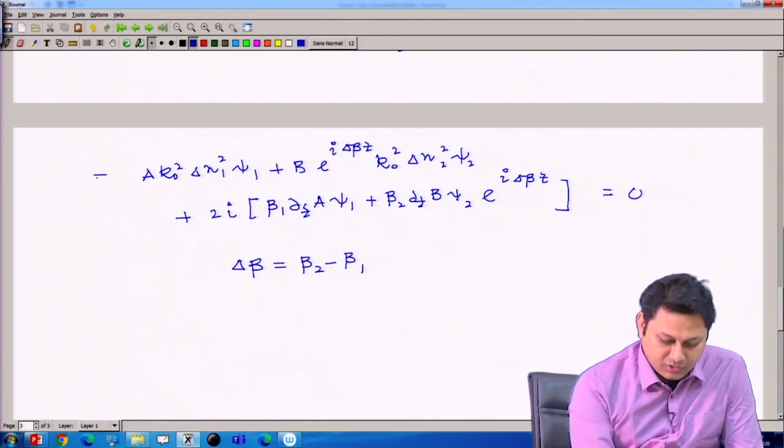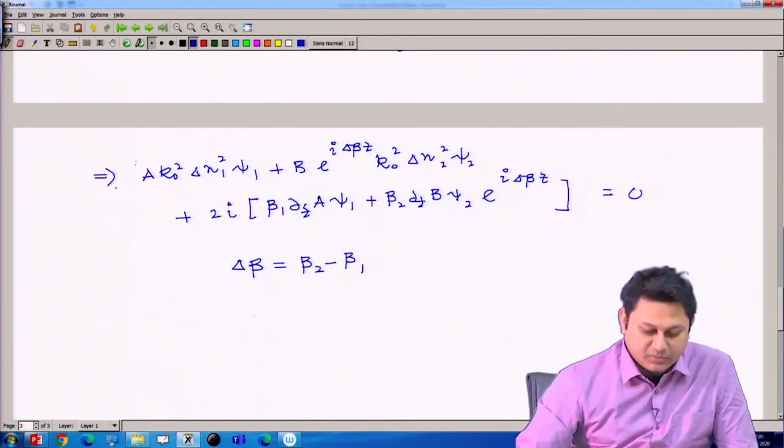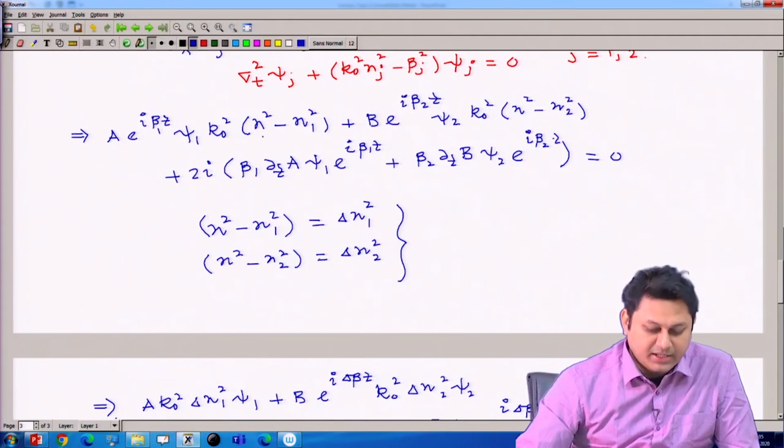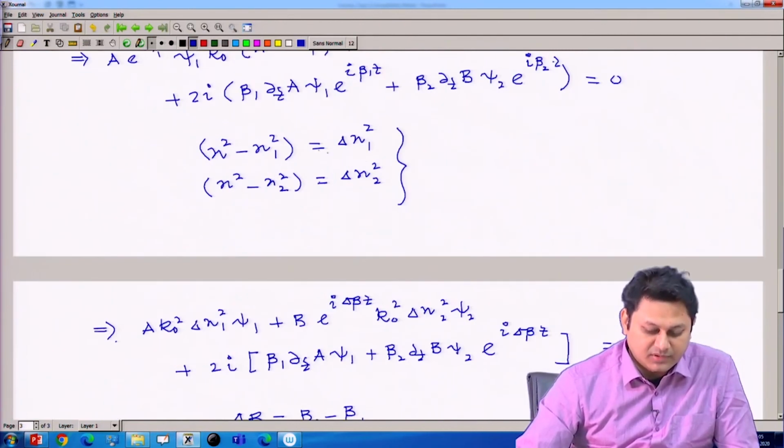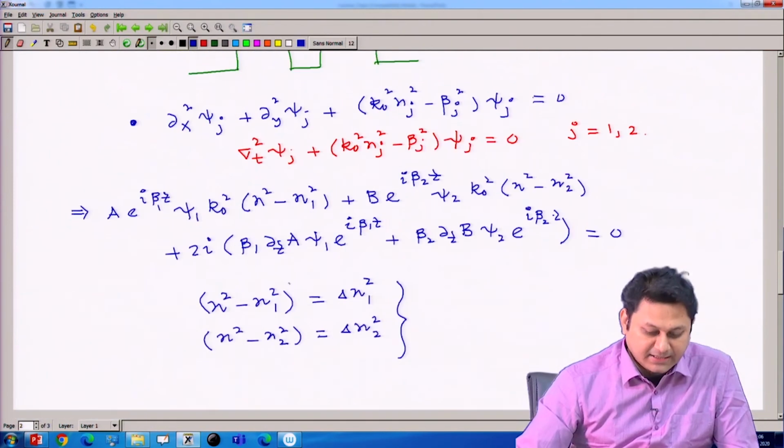What I essentially do is, in this equation I put n square minus n1 square as delta n1 square, and then I divide the entire equation by e to the power of i beta 1 z. Then this term will not be here, and this term will be e to the power of i beta 2 minus i beta 1 z.